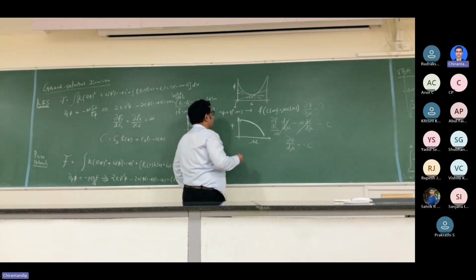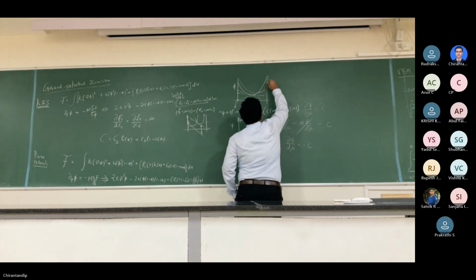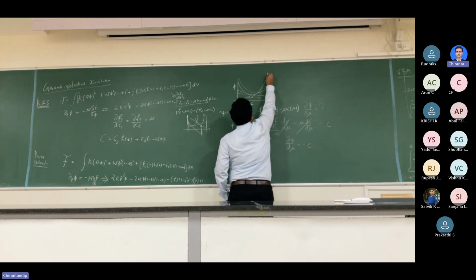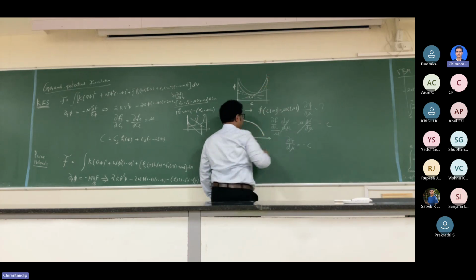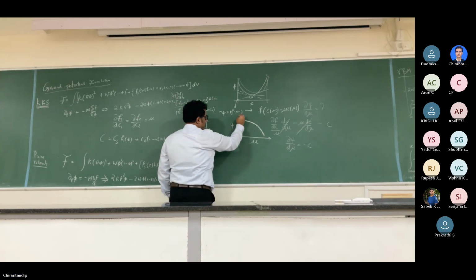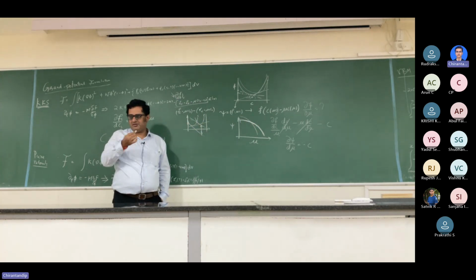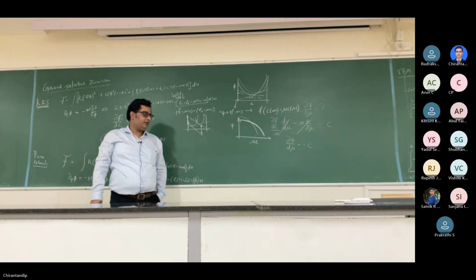Now, let's say I draw another curve. So let's say this was solid and this was liquid. Right? It will have the same curve. It will have the same behavior like this. It's also shaped similarly.